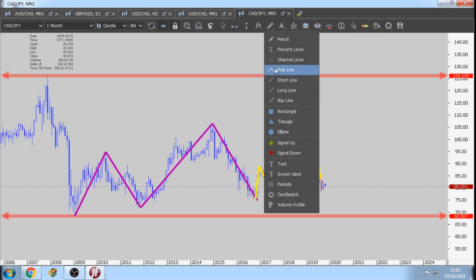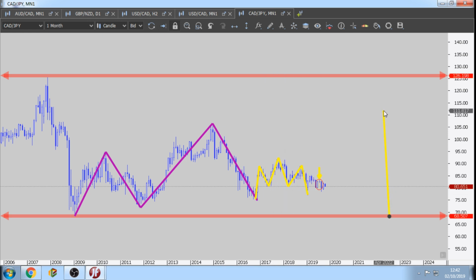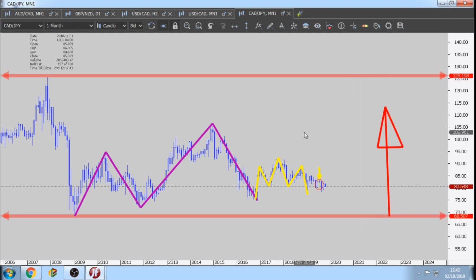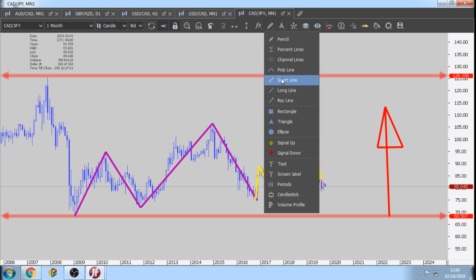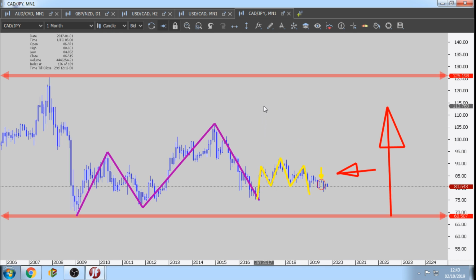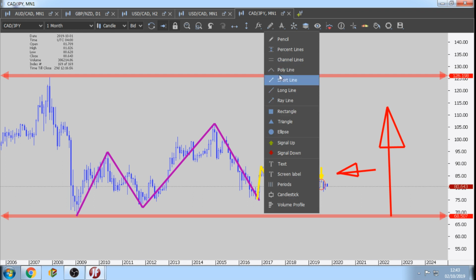And similarly to USD CAD, long term, we're talking about years on the monthly chart, this pair is up. But if you want to trade what you see as a trader, lower lows. Yes, sir. Yes, ma'am. CAD JPY is short at this point in time.